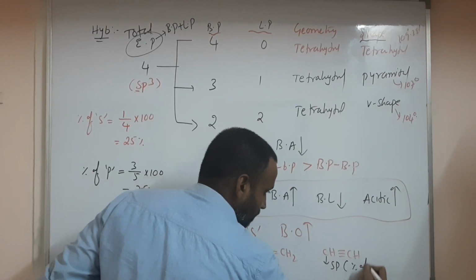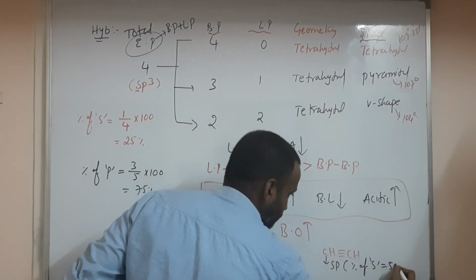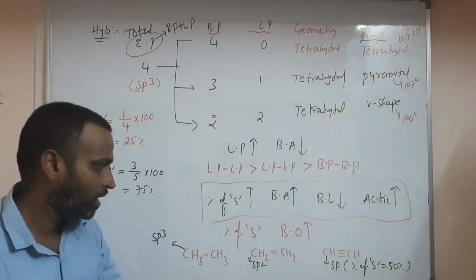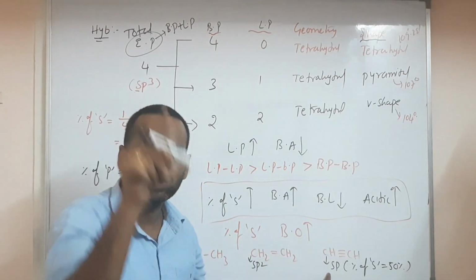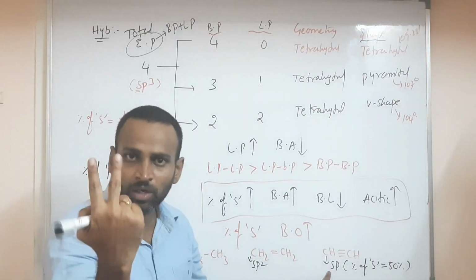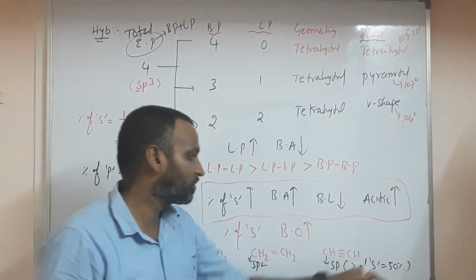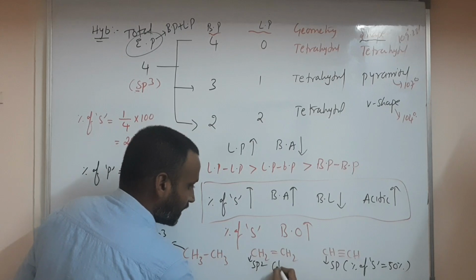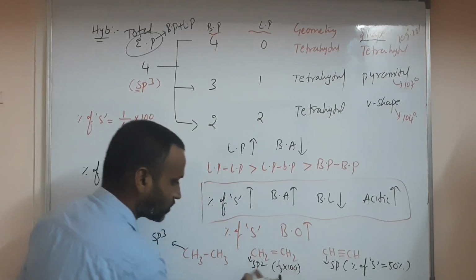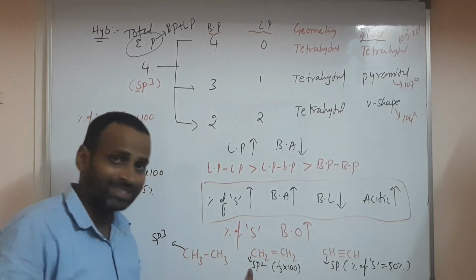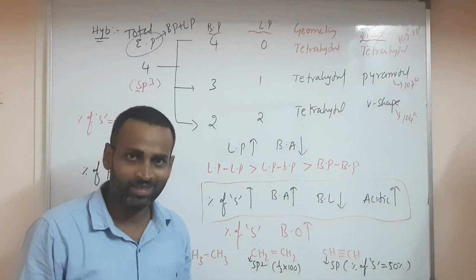Sp means percentage of s is 50. You just see the percentage of s character: 1 s, 1 p, total orbitals are 2, so 1 by 2 into 100, so 50%. Here 1 by 3 into 100, because total orbitals are 3 and 1 s is there.